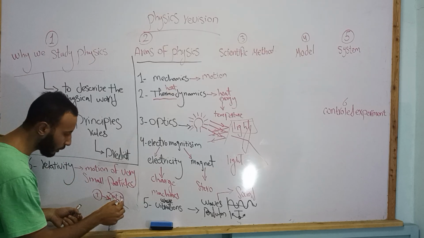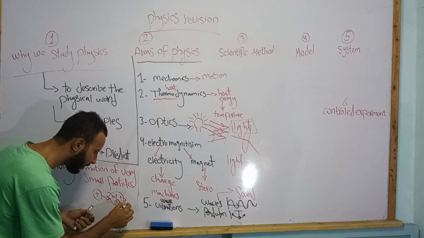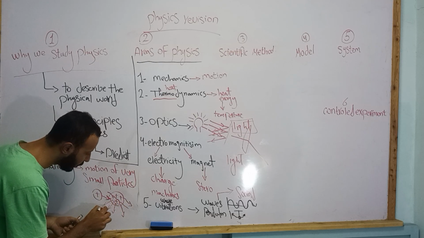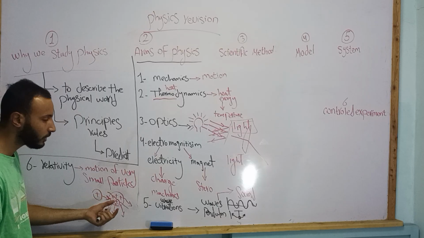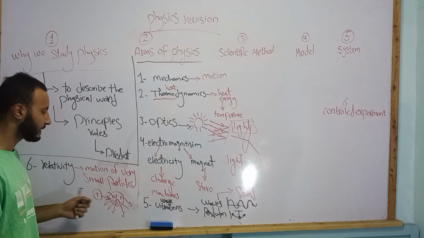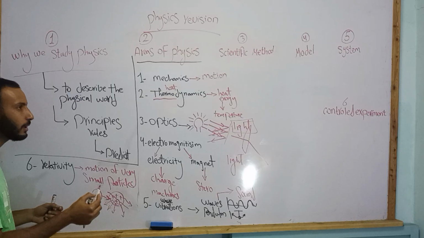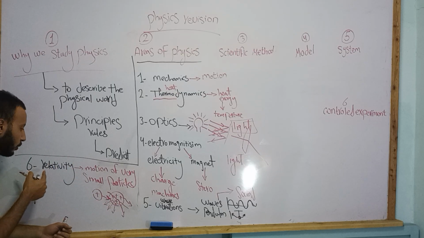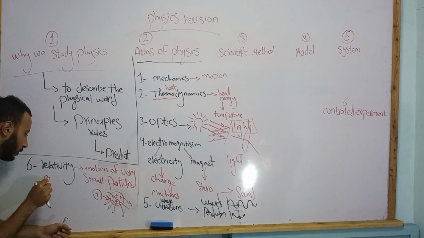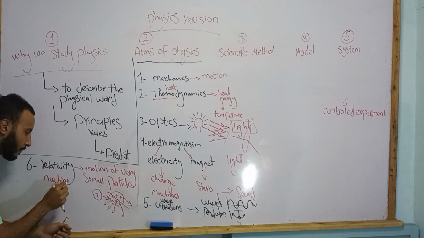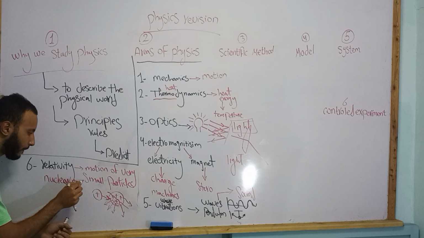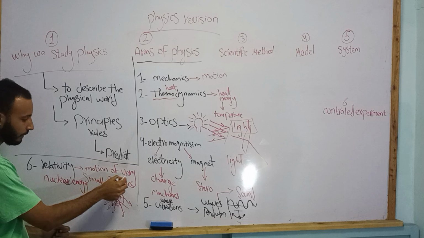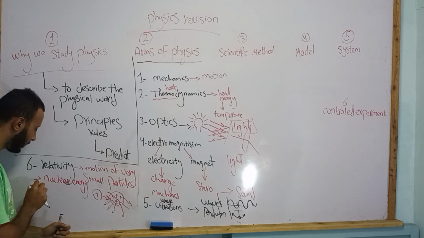If nuclear fission occurs, some of these protons or neutrons are released from this nucleus, and nuclear energy is released. Because of that, if we study any nuclear energy, we will study it in the branch called relativity. So here we also have nuclear energy.